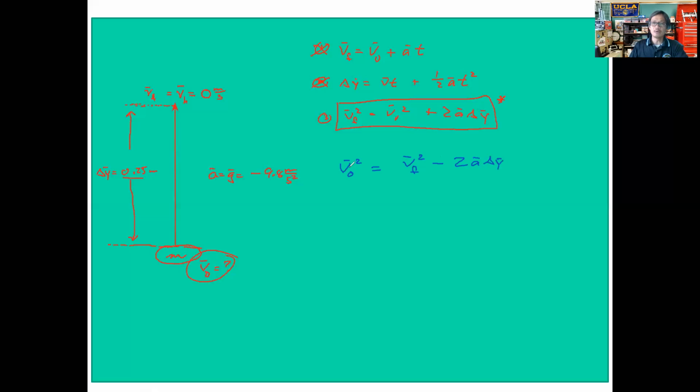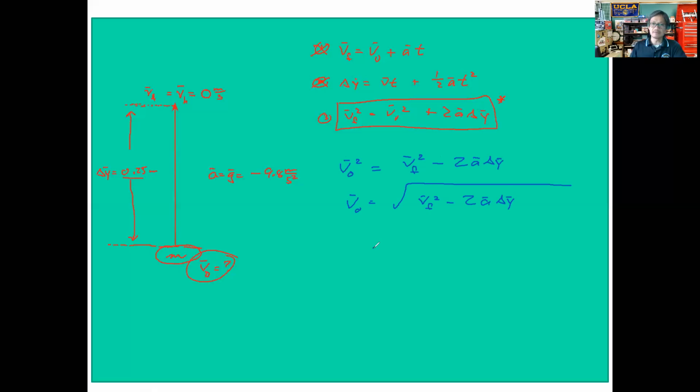Now we want to solve for v initial. This gives us v initial squared, so we have to take the square root of both sides, which gives us v initial equals the square root of v final squared minus 2a delta y. All right, so there it is. We have the equation that we need in order to solve for our v initial.